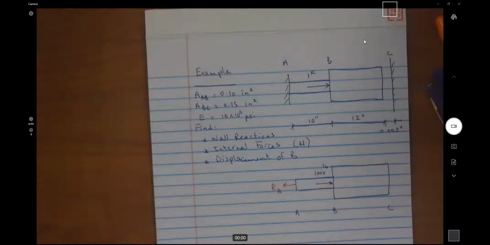And if C hits the wall, then the wall is going to respond back and push RC. But I'm going to leave this with a question mark.